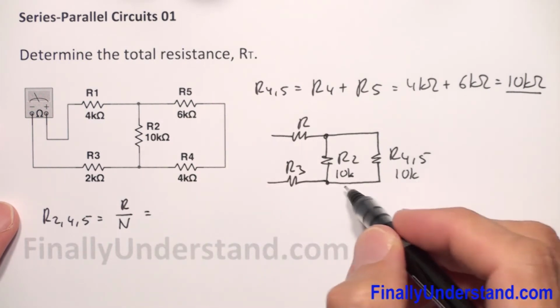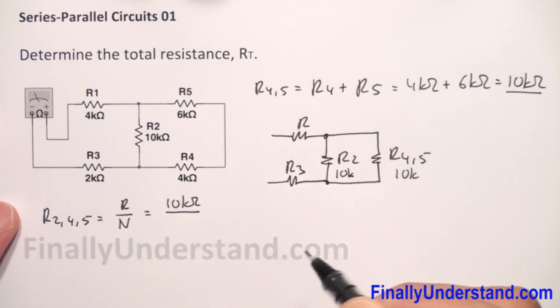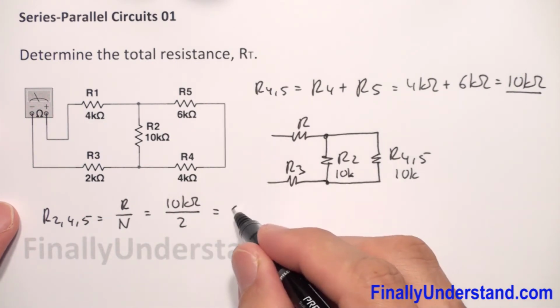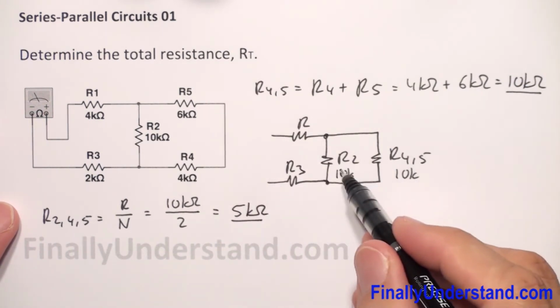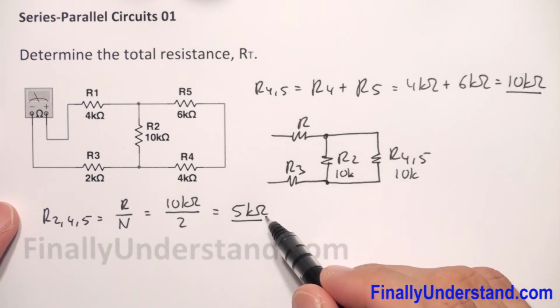So we have R equal to how much? 10 kilo ohms over 2. 10 kilo ohms divided by 2 is equal to 5 kilo ohms. So the total resistance for these two resistors is equal to 5 kilo ohms.